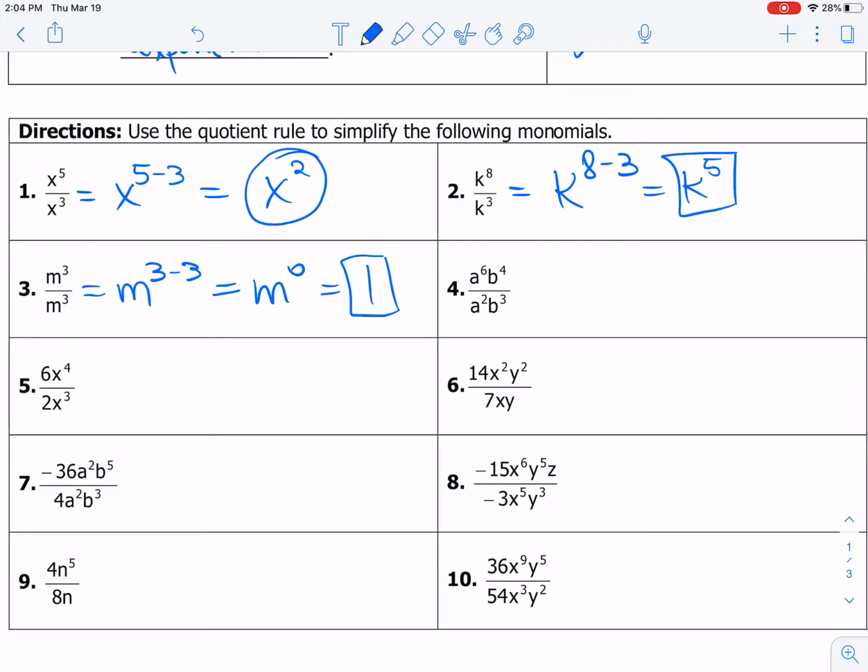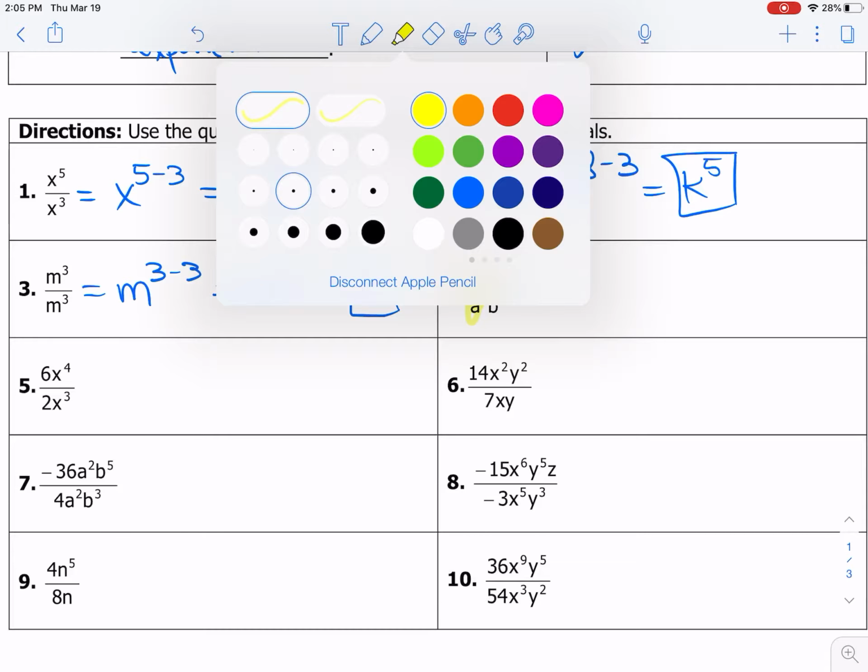Number 4, let's look at number 4. I have two variables on top, two variables on the bottom. I have a to the 6th power, b to the 4th power, all divided by a to the 2nd power, b to the 3rd power. So I have to look at the variables separately.